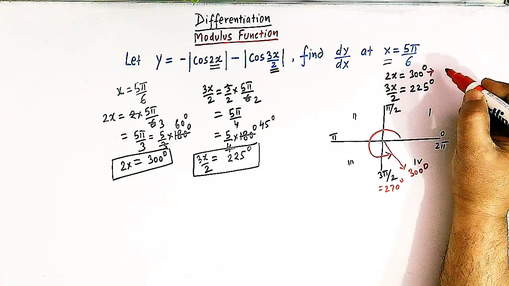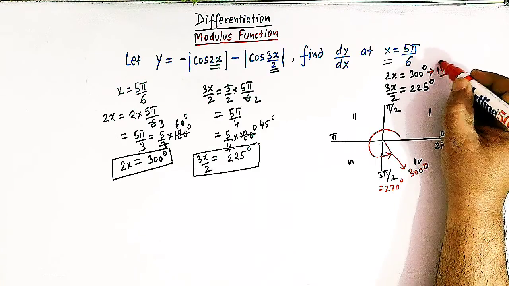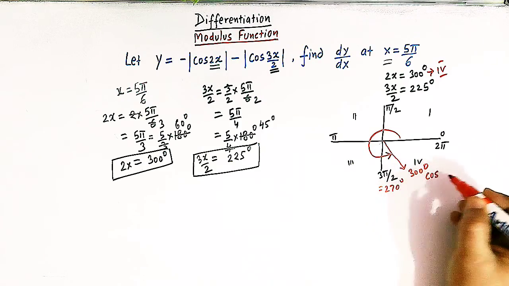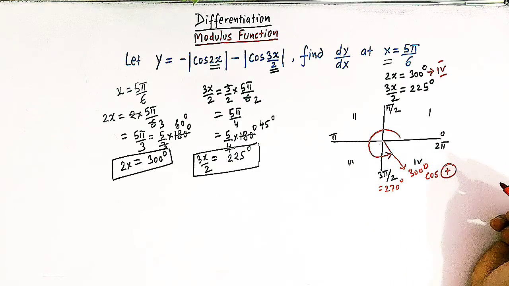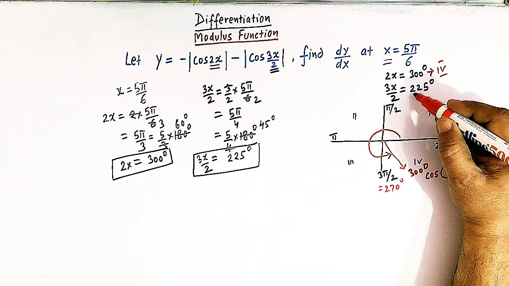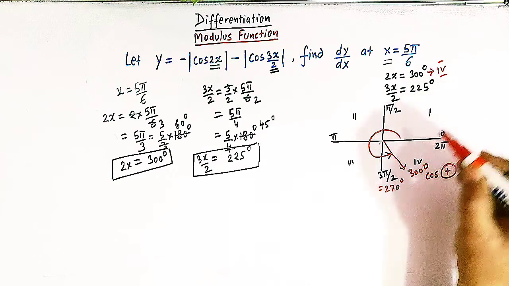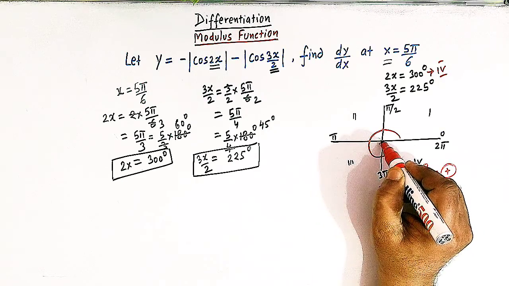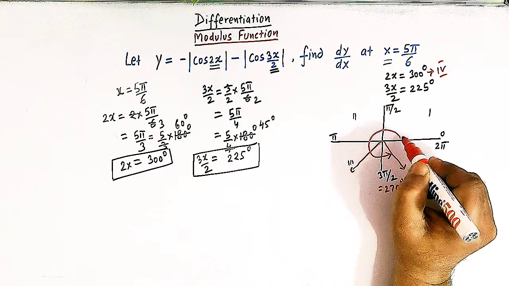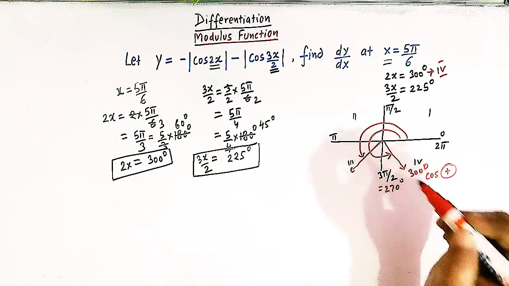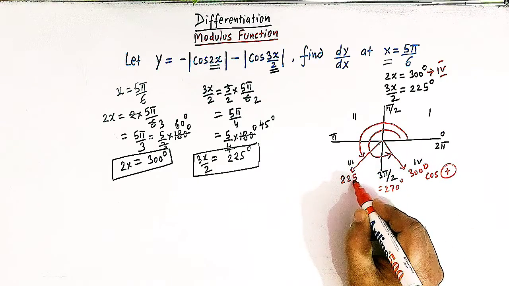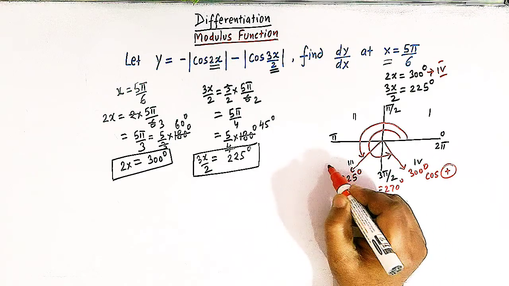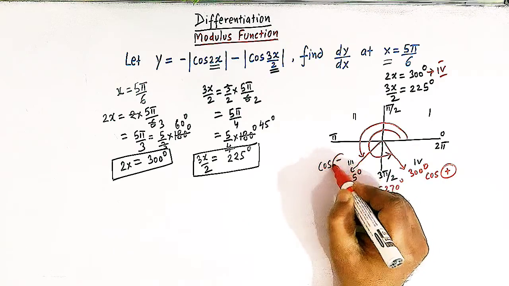So 300 degrees falls in the fourth quadrant, and we know that in the fourth quadrant, the cosine function is positive, right? And the second angle, that is 225 degrees, it falls in the third quadrant, right? So it lies somewhere here, and this angle is 225 degrees, right? And in the third quadrant, the cosine function is negative.